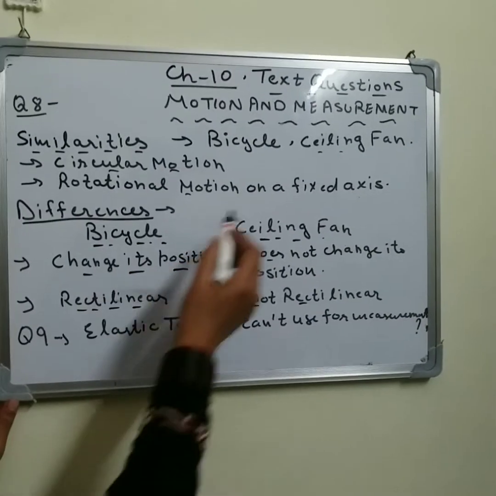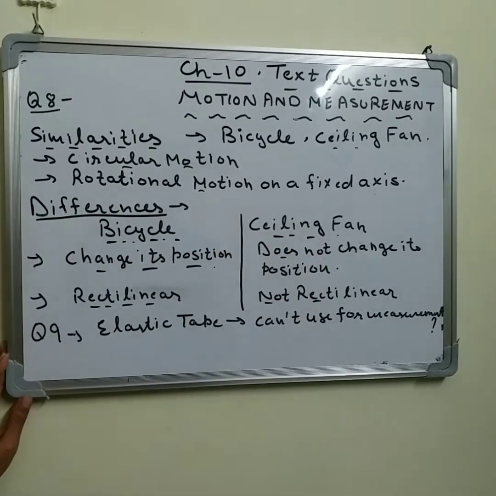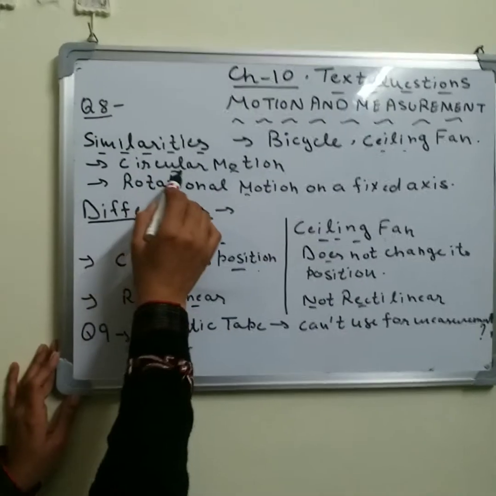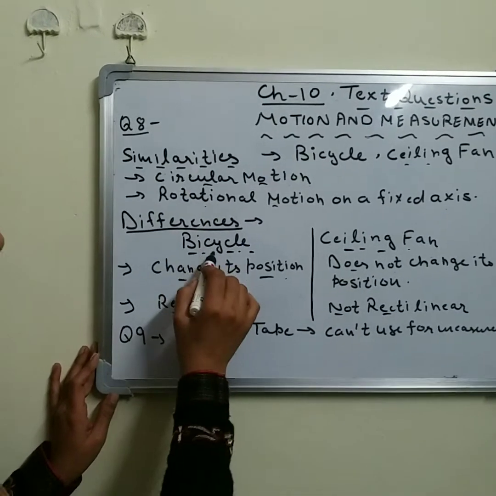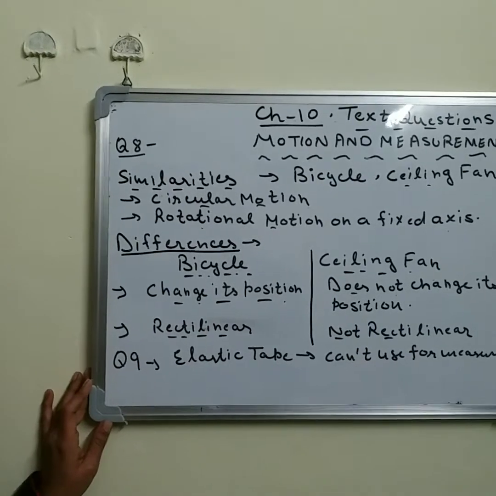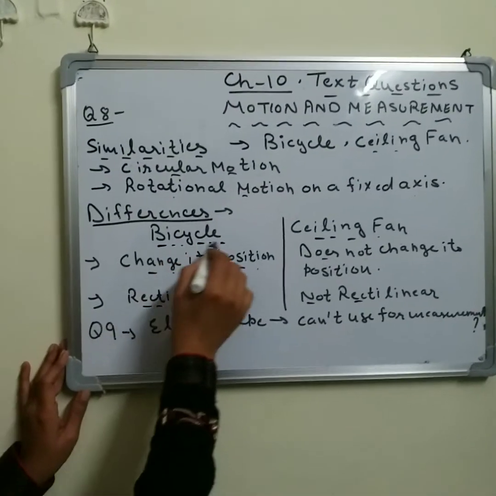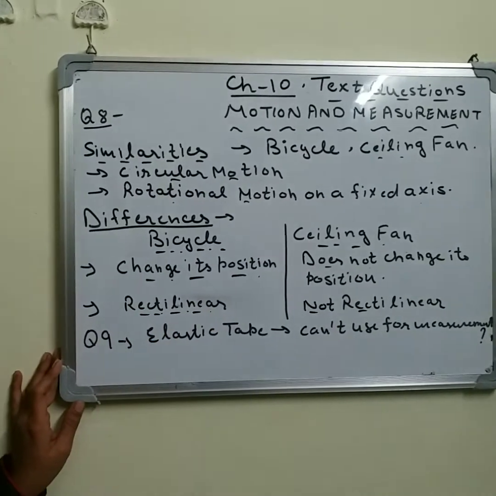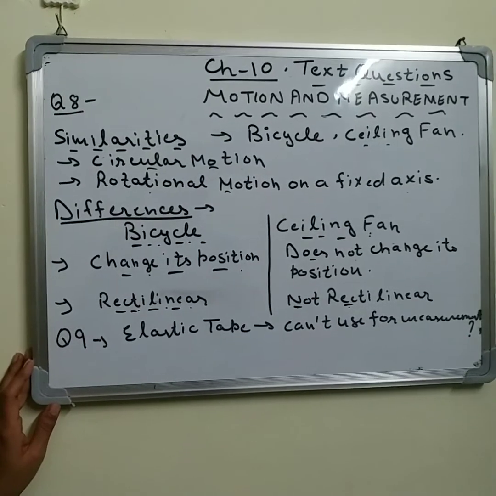So to sum up, similarities: circular motion and rotational motion. Differences: a bicycle can change its position but a ceiling fan does not, and a bicycle shows rectilinear motion also, but the ceiling fan does not.